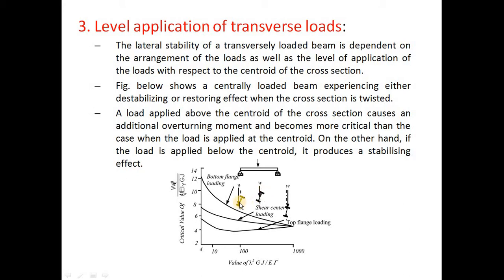When you try to apply the load below the CG, it actually creates a moment called restoring moment, which will avoid the overturning moment, and still more the section becomes safer than the first two cases. So this is how we can understand that the level of application of the transverse loads also plays a very important role in case of destabilizing instability of the beam.